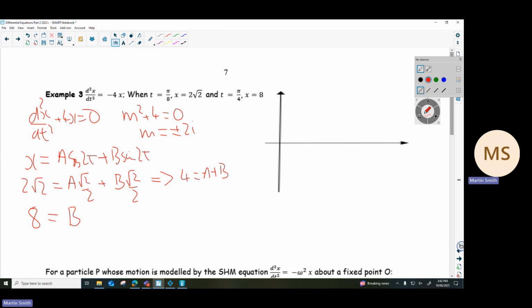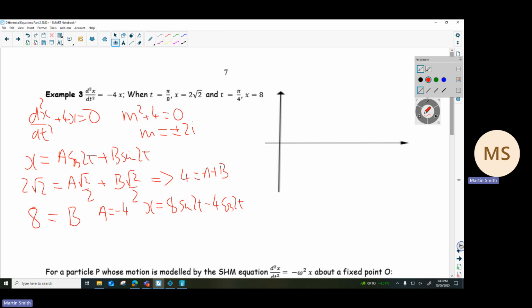So therefore, because a plus b is equal to 4, it must be true that a is minus 4. So therefore, x is equal to, let's get the sine term first, 8 sine 2t minus 4 cos 2t. So that's the equation linking the motion of this object.